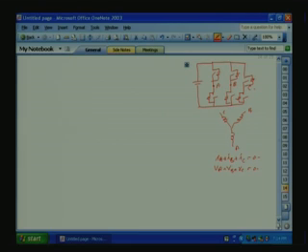Now, if you see the ABC phases or the poles, A can have 2 positions, either to the top or to the bottom. So, if the top switch is on, we will mark it as 1.